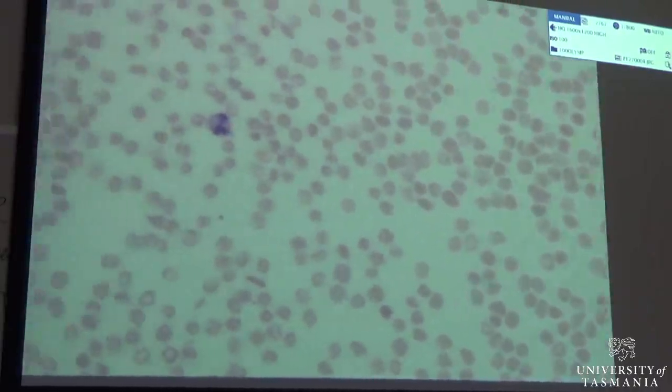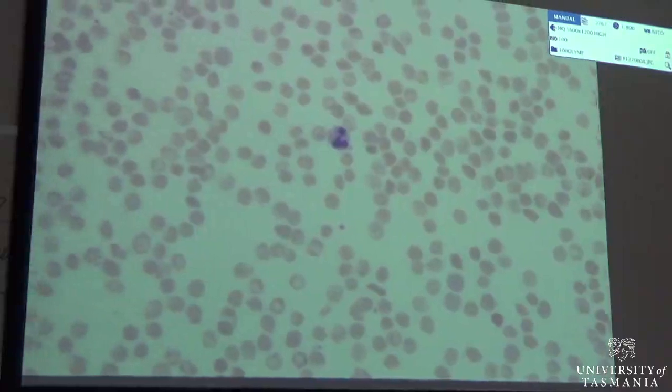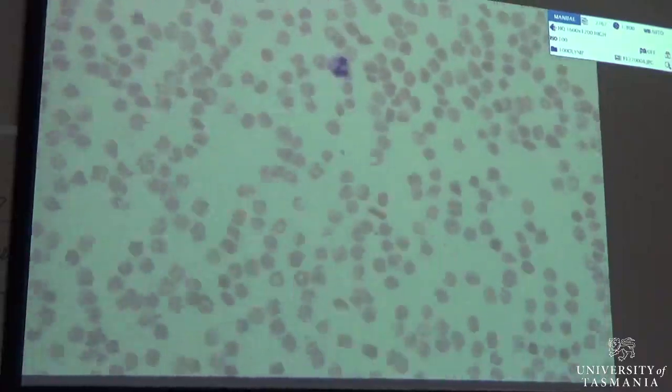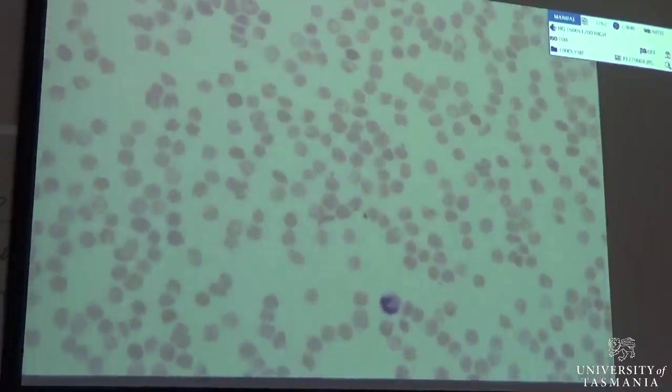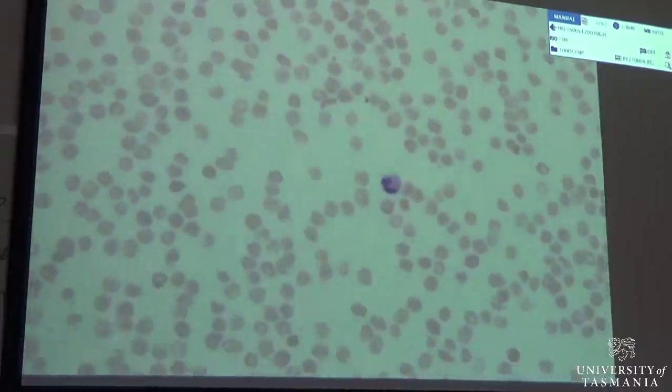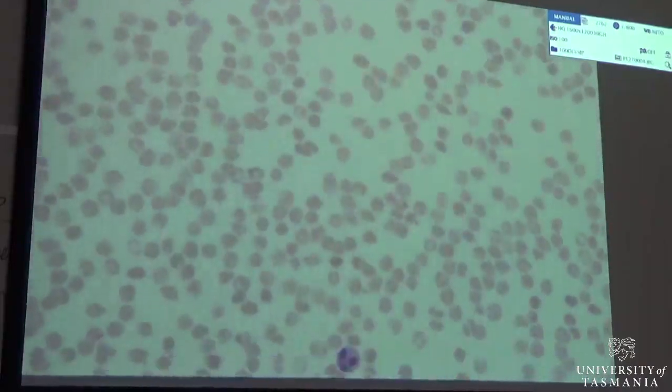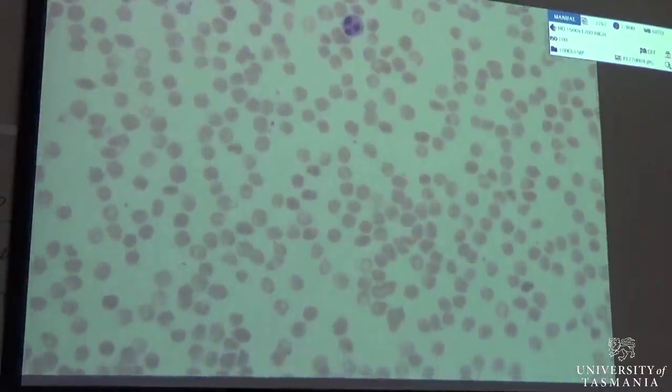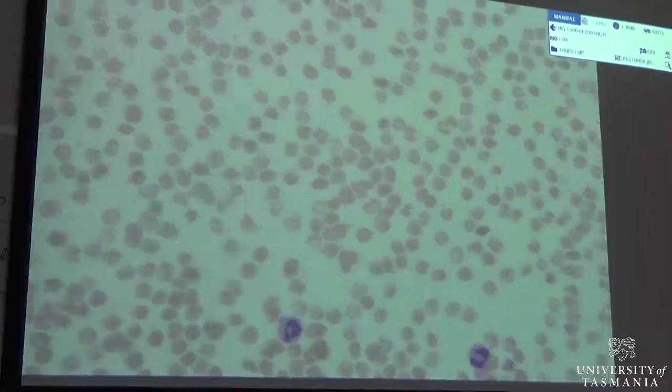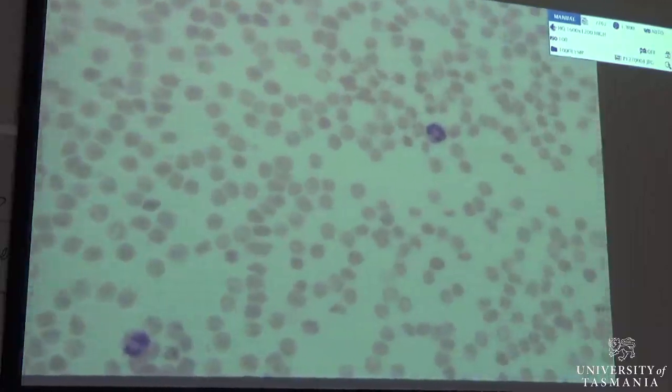And of course, alcoholism is the most common cause of liver disease, but there are other causes. Can anybody tell me another cause of liver disease? Viruses, yeah. So hepatitis C, Hep B, Epstein-Barr virus, HIV.